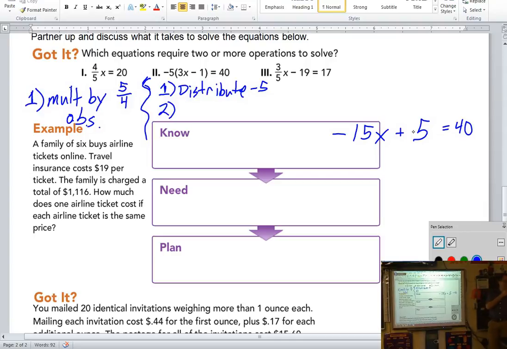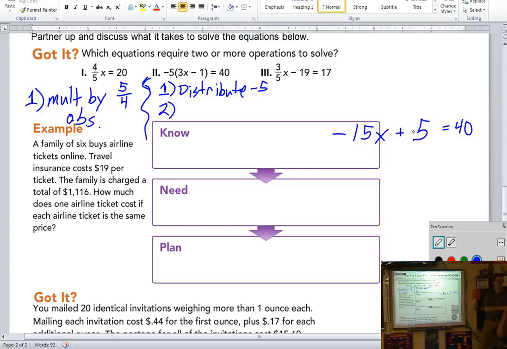So then, Jack, what would we do following that? So if this would be my equation now, what would be the next step? So we're actually at step 1.